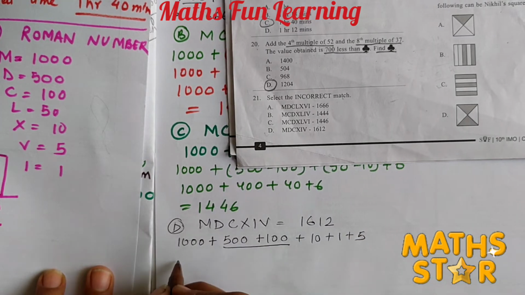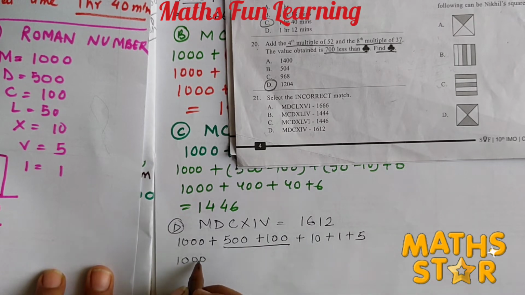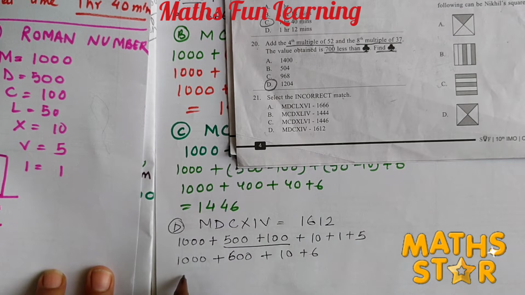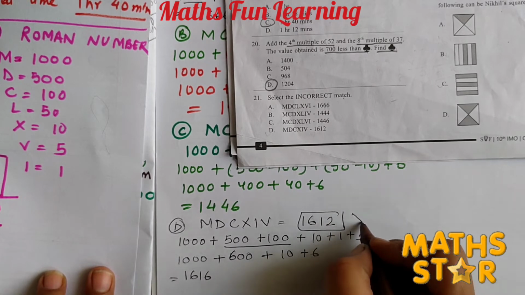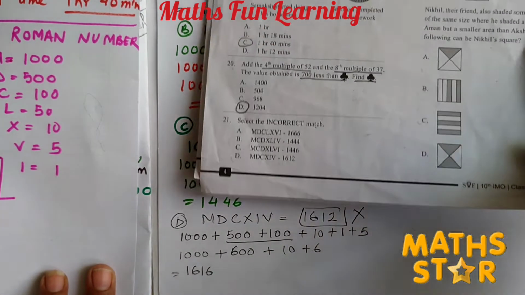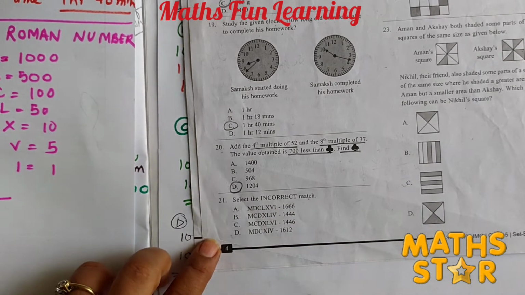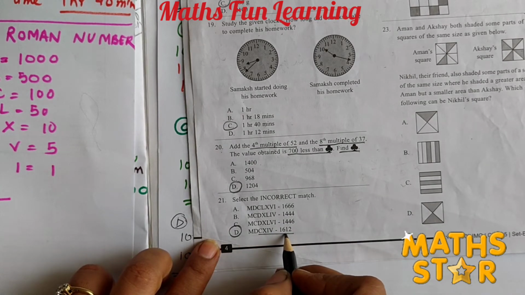So this is adding: 1000 plus 600 plus 10 plus 6. So the number is 1616, but the number given here is 1612. So this is incorrect. You have to find the incorrect match, so D is the correct answer. Everything else is right, but this is incorrect.